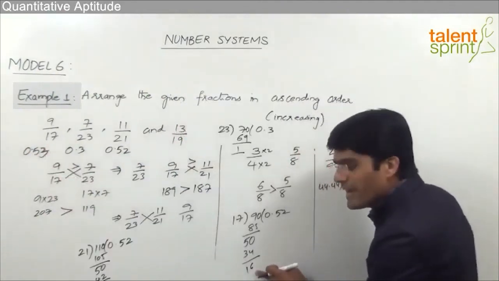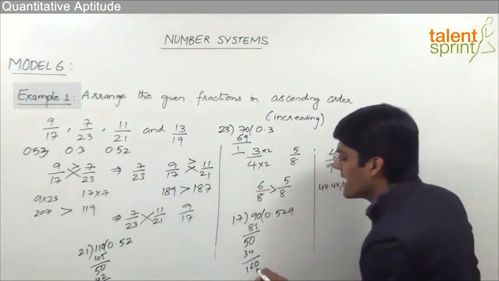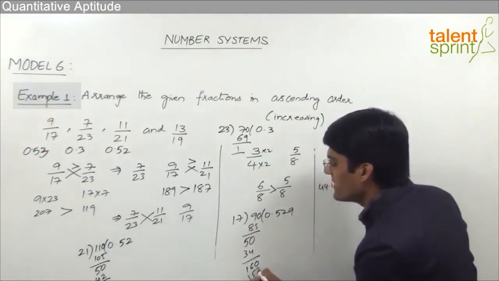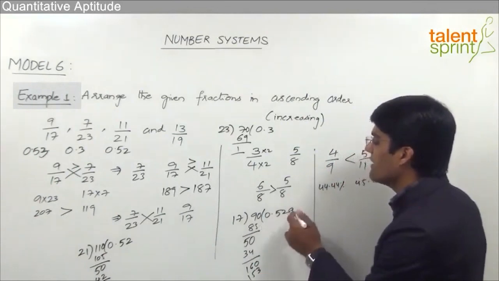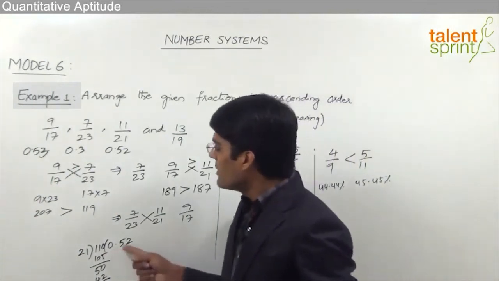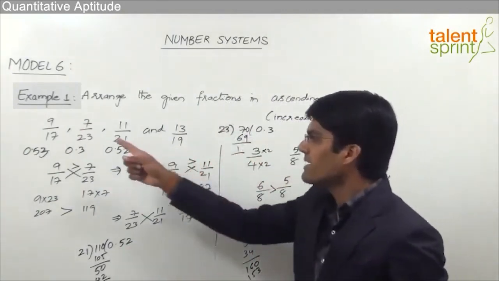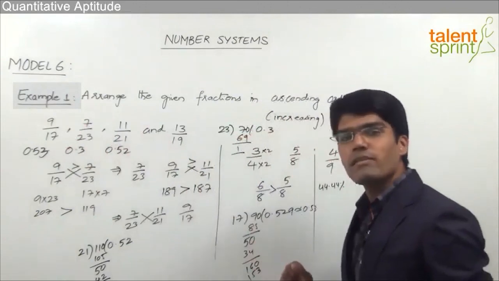Why? Because the remainder here is 16. So if we take a 0, 17 almost 9 times will be equal to 153. So this is 0.529, which brings it very close to 0.53. Whereas in this case, it will be not as close to 0.53 as compared to this fraction. So we can understand that 9 by 17 is greater than 11 by 21.